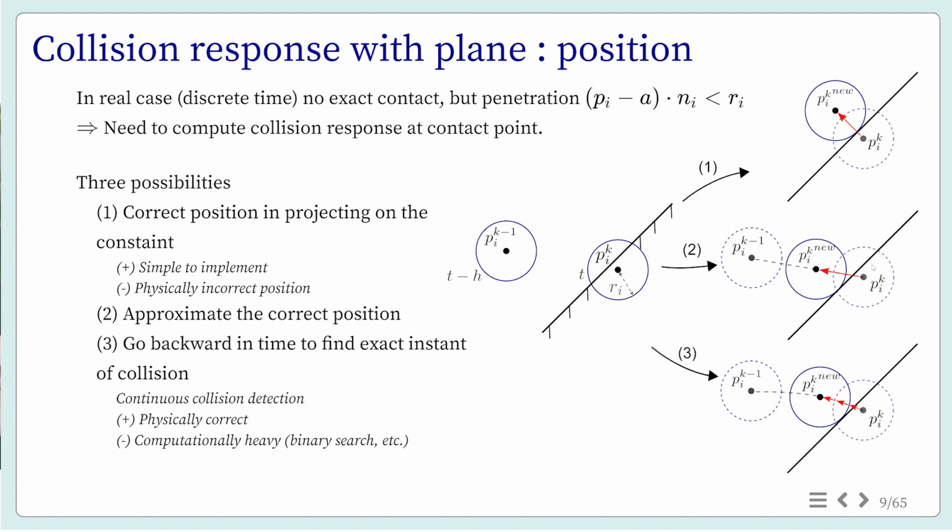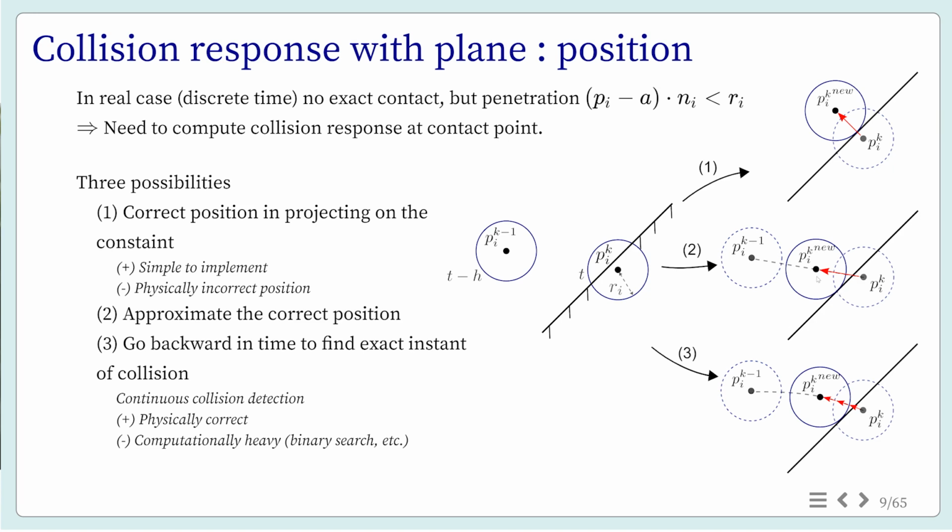Another way to have a slightly better approximation of this translation is to not translate the sphere along the normal of the plane, but to consider a linear approximation, as if the sphere was following a straight line, and then we go back along this straight line to find the position where the sphere actually was impacting the plane.